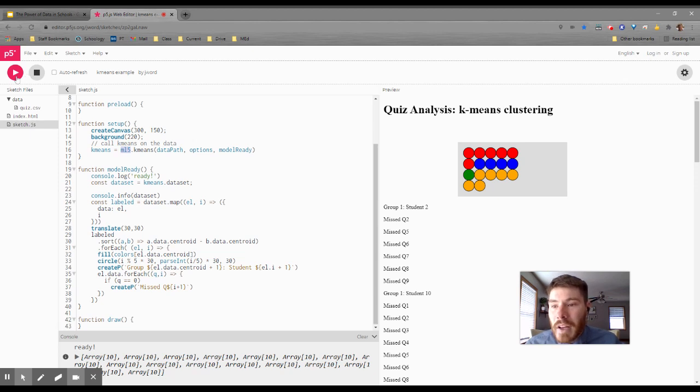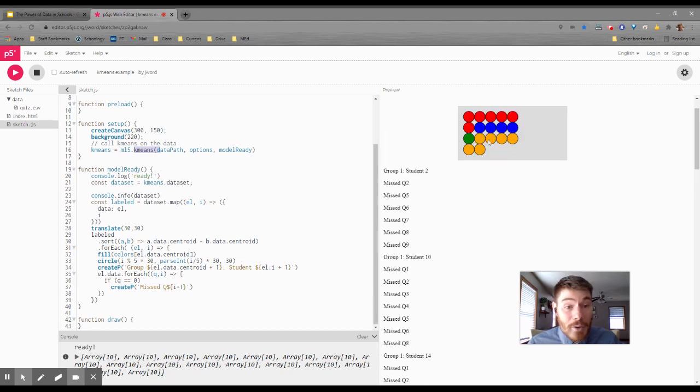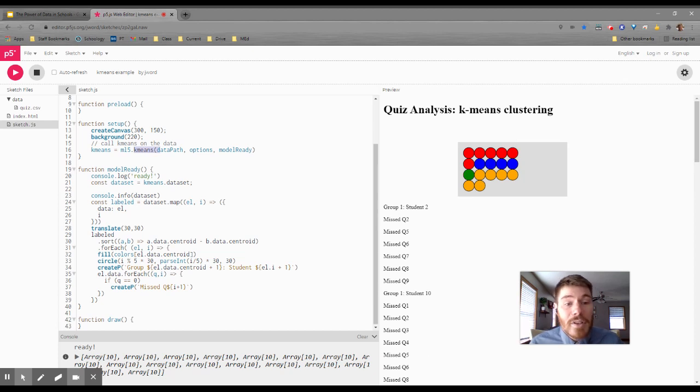When I run the program here, it uses the K-means algorithm to look at all of those data points in those 10 dimensions and tries to group the students together based on the specific questions that they either missed or got right. So the result is this kind of a grouping here. The colors don't really represent anything other than it's for a different group.